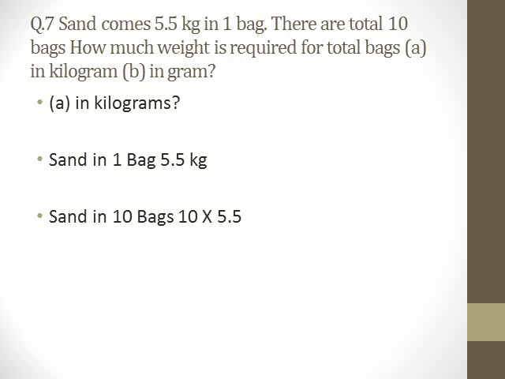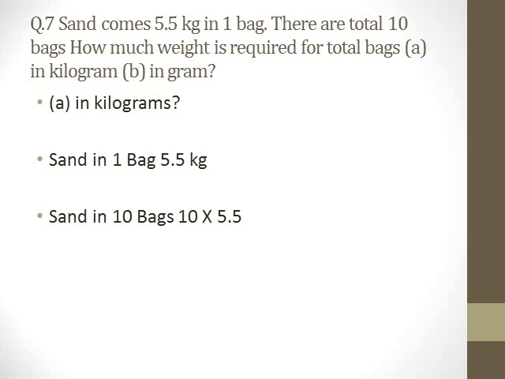Because when you multiply by 10, the value is increased, and when you divide, the value is decreased. So when you move the point from left side to right side, that means the value is getting bigger and bigger, and when you are moving the point from right side to left side, the value is getting smaller and smaller.